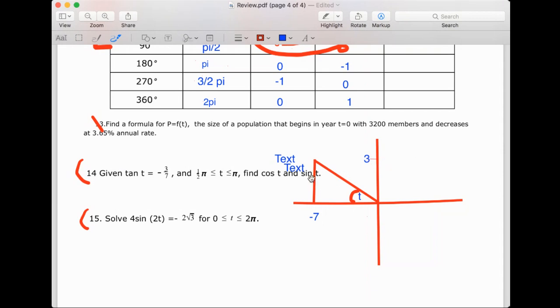Okay, does this make sense? That means my y value for this triangle is 3. My x value for this point, so remember this is called the terminal point? Terminal point. So for the terminal point, I have x value being negative 7, y value being 3. That's my terminal point.